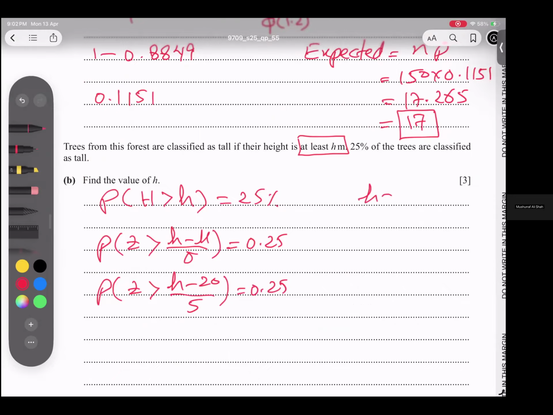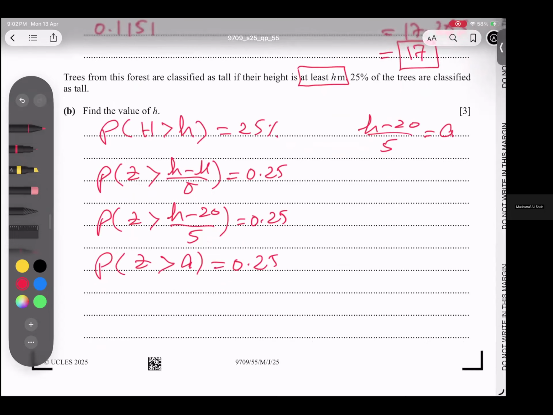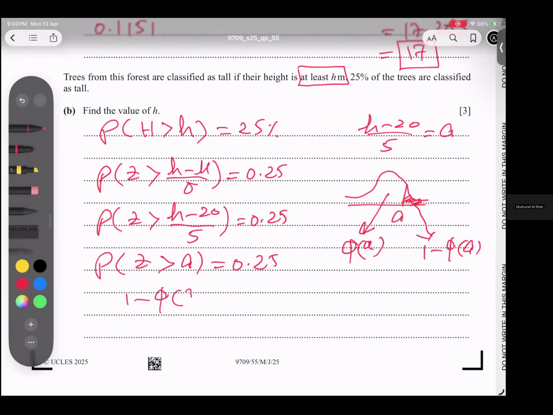And (h minus 20) by 5 we take as A. We take this as a bell shape, and the number we get here is A. This number is more than, so the white region is phi of A, and this region is 1 minus phi of A. So I write 1 minus phi of A equals 0.25, and ultimately phi of A is 0.75.